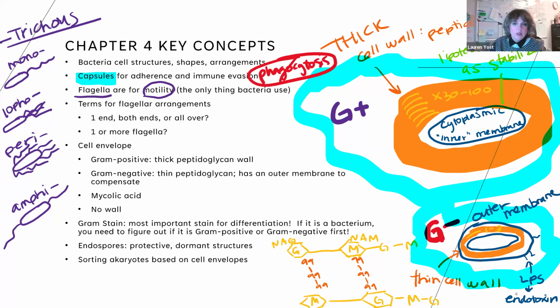Next, we talk about our cell envelope. The cell envelope is a term that refers to all of the outside levels of the cell. The cell envelope includes the cytoplasmic membrane. All cells have a cytoplasmic membrane. All cells, okay? Eukaryotes and bacteria and archaea, okay?